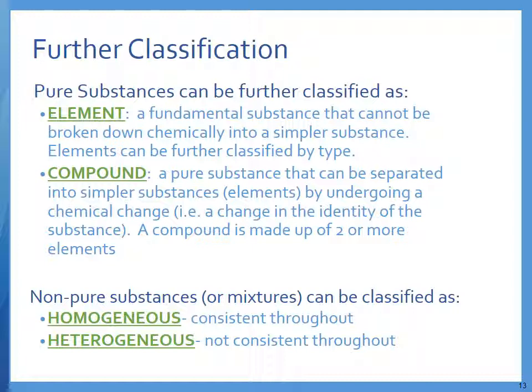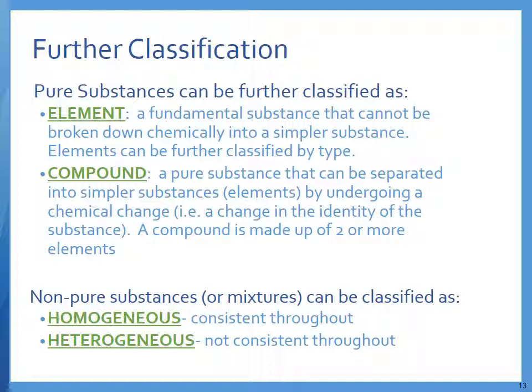Like if you put electricity in it, you can separate the hydrogen and the oxygen. So a compound is a pure substance because the only way you can separate the hydrogen and the oxygen, in the case of water or whatever compound you have, is by undergoing a chemical change. And a compound is made up of two or more elements.